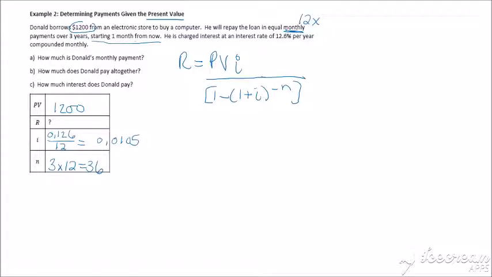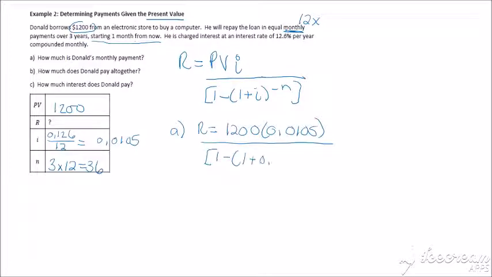So for A, how much is this payment? We're going to solve for R here. So the present value is $1,200. The rate is 0.0105. And then we're going to put this over 1 minus (1 plus 0.0105) raised to the exponent negative 36. When we multiply the top, we get 12.6.